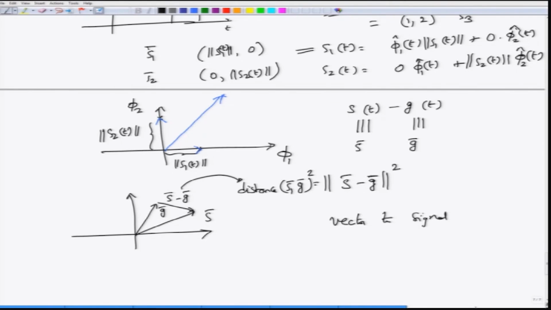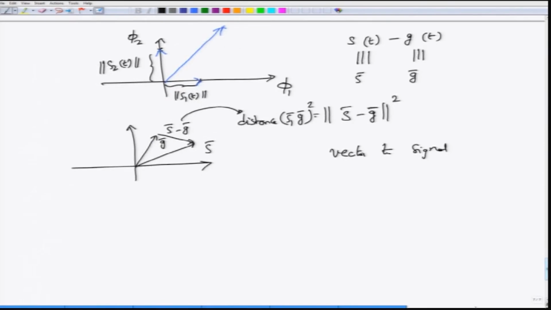So, we can think of a signal as a vector, and this decomposition of any of the source waveforms, say Si of t or Sk of t, does not matter, into the j orthonormal basis functions, would give rise to a representation of the waveform as a vector on the appropriate signal space, that is, the space spanned by the basis functions phi j of t.